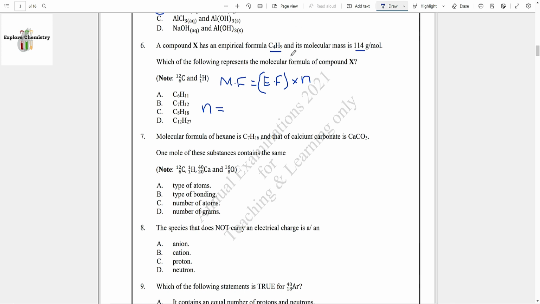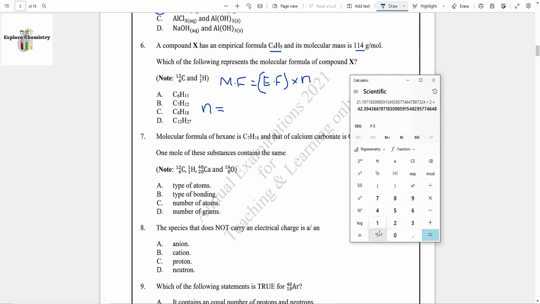So here we need to calculate the empirical formula mass, which contains 4 carbon atoms, so 4 multiplied by 12, and 9 hydrogen atoms. The atomic mass of hydrogen is 1, so I have added 9. I got 57.